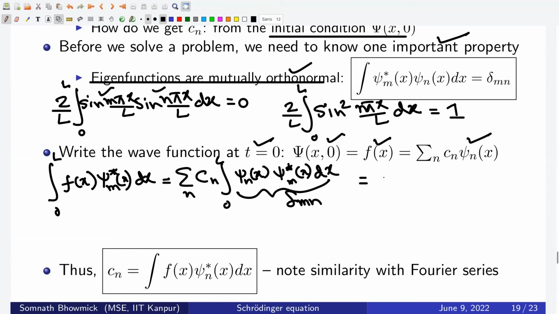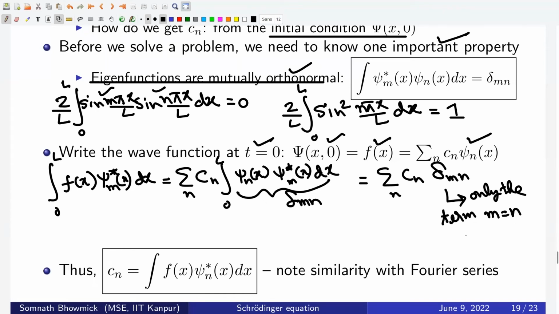So we can write this as the sum over n of Cn delta of mn. Now you see only the term m equal to n survives.